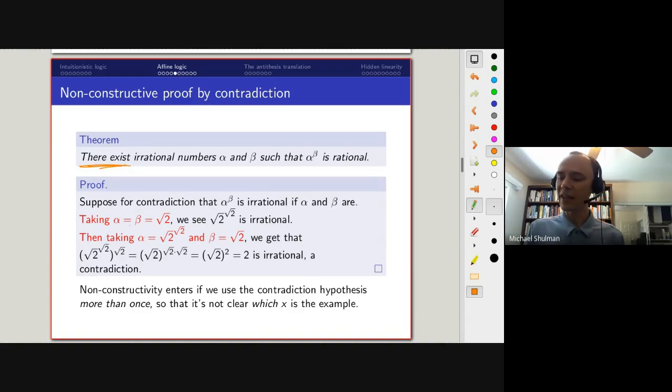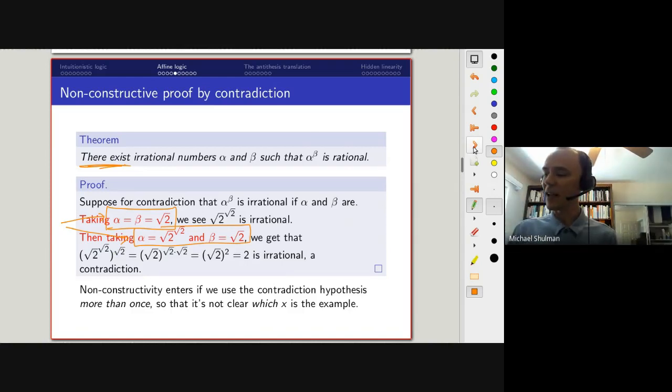And then we instantiate this twice. First, when alpha and beta are both root 2, and second, when alpha is root 2 to the root 2 and beta is root 2. And then we get a contradiction, but we don't know which of these two instantiations gave us the counterexample. So the non-constructivity from this point of view comes not from the proof by contradiction, but from using the contradiction hypothesis more than once.